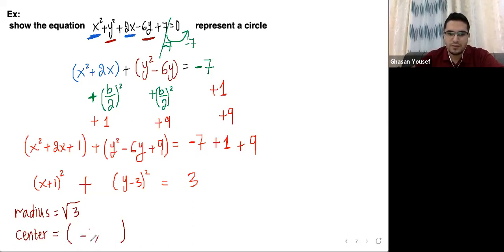Minus 1, like Matthew said, and 3. This is also correct. So we show this equation represents a circle. The radius of this circle is the square root of 3 and the center is minus 1 and 3. So this equation, x squared plus y squared plus 2x minus 6y plus 7 equals 0, represents a circle.